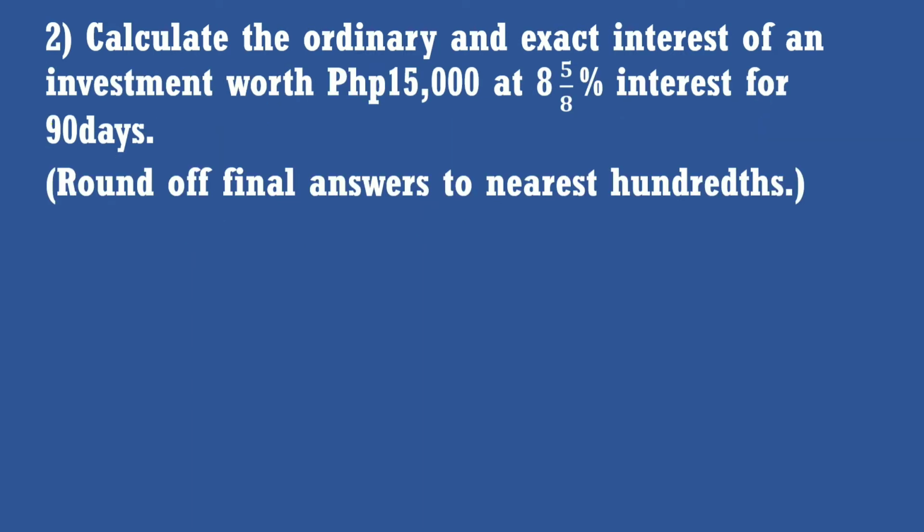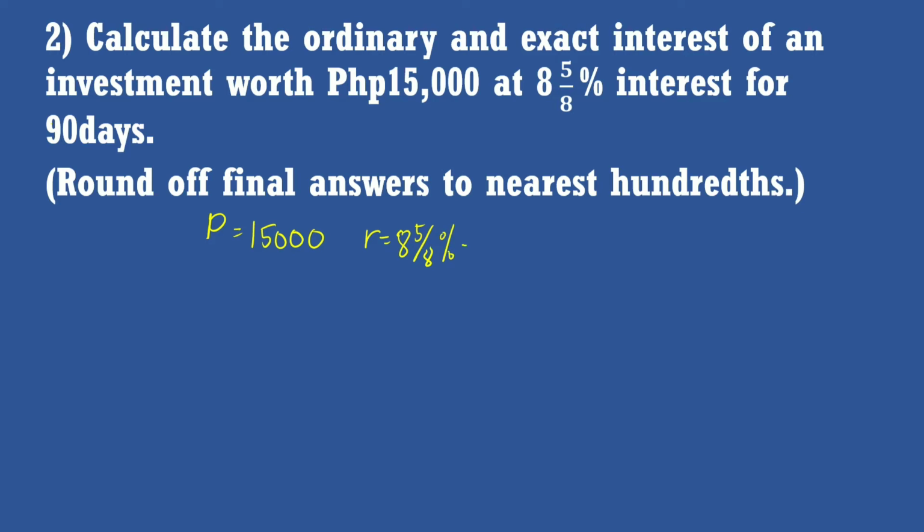Next example, again we will be solving for the ordinary and exact interest. We just have a different set of given. In this case, we have a principal of 15,000 pesos. The rate of interest is 8 and 5 over 8%.